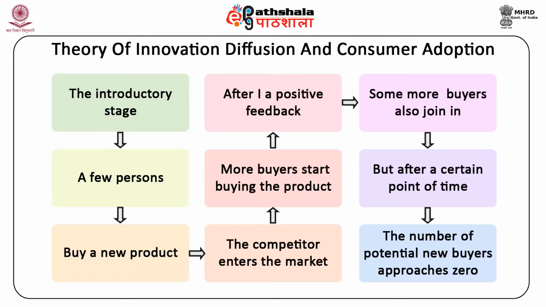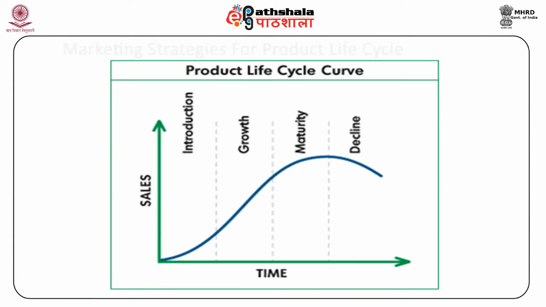Eventually, sales decline as new and better product choices emerge in the market and divert the consumer's interest from the existing product, and they start buying the newer options. That is how the product life cycle is explained by normal developments in the diffusion and adoption theory of new products. Next, we will discuss the marketing strategies for the product life cycle.